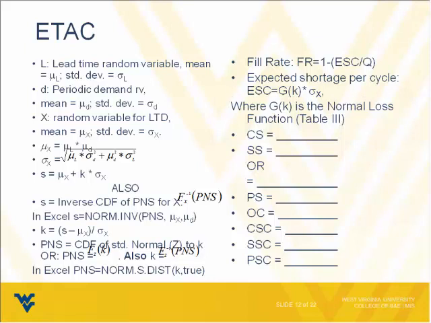we have, as we've already learned in our last class, our definition of lead time, a random variable, right? We all remember that? Lead time is a random variable, and it has an average of mu L and a standard deviation of sigma L. We have our random variable demand, and it has an average of mu D and sigma D. We have a random variable X, which is our lead time demand, with an average of mu X and sigma X. Mu X, our average lead time demand, is our average lead time multiplied by average demand.